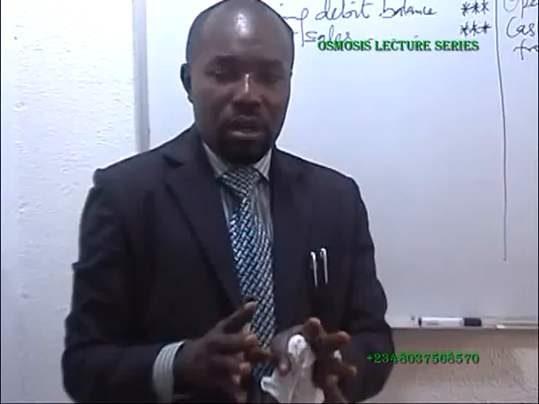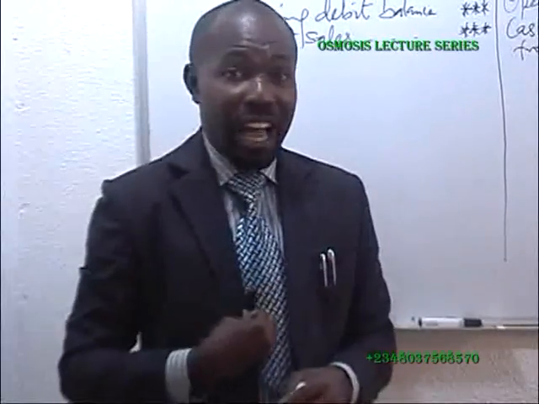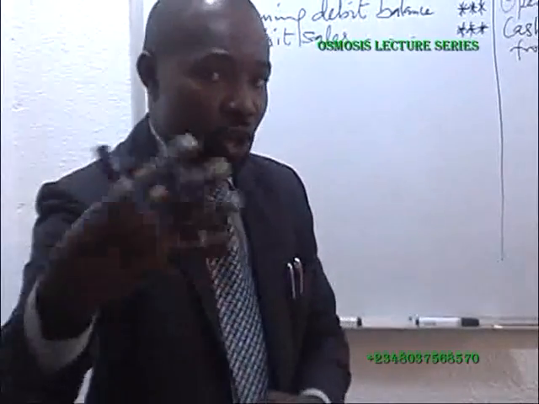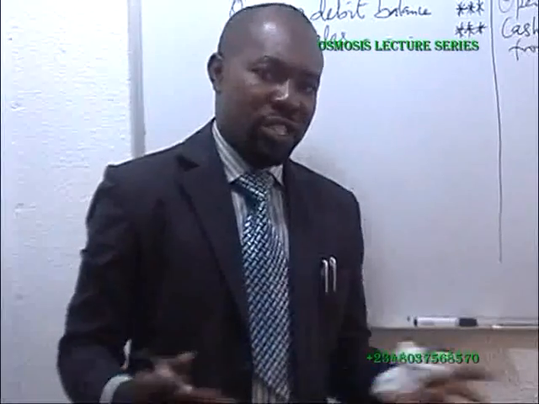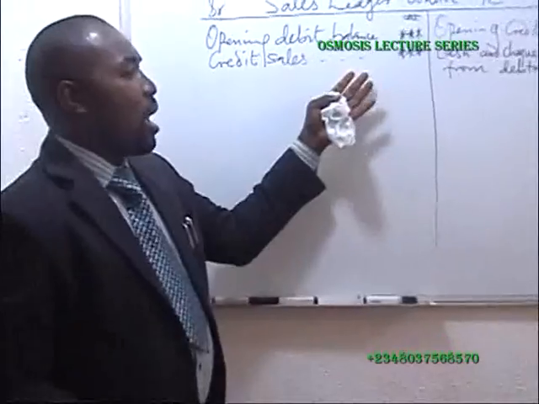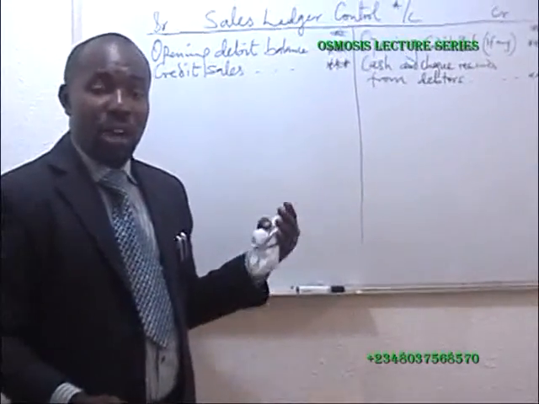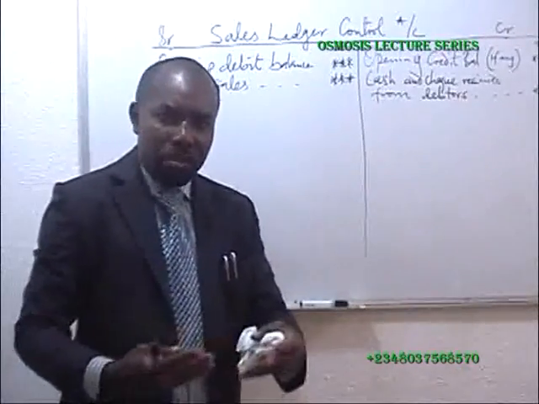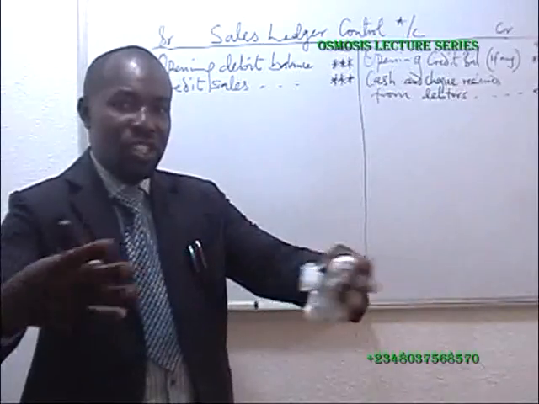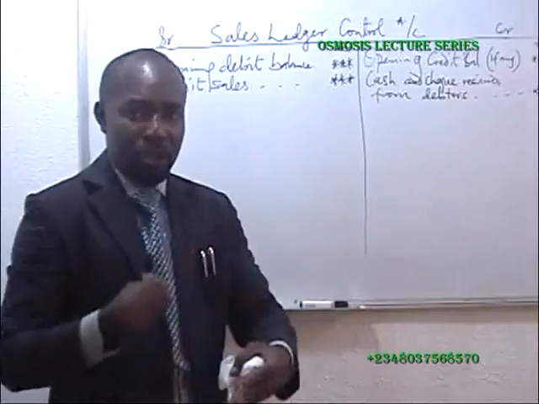Under the cash discount, which is the discount we are considering here, there are two kinds: the discount received as a result of purchases, and discount allowed, which you give to your customers as a result of sales. So here we are making sales. Our customers, the debtors, pay us. When they pay, we may decide to give them discount, which is discount allowed.